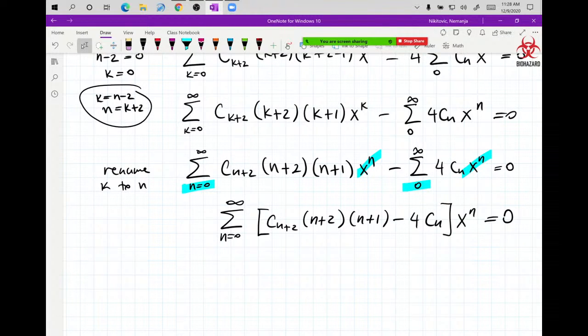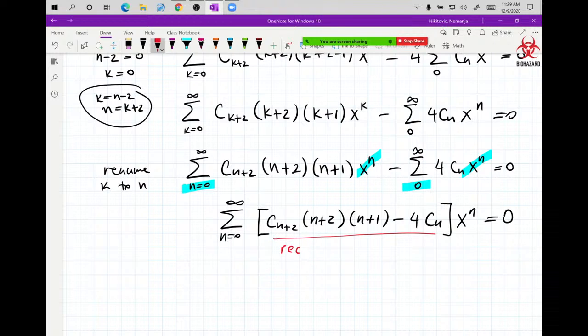So we were after this part here. That's the big part for us, which is what we call the recurrence relation.